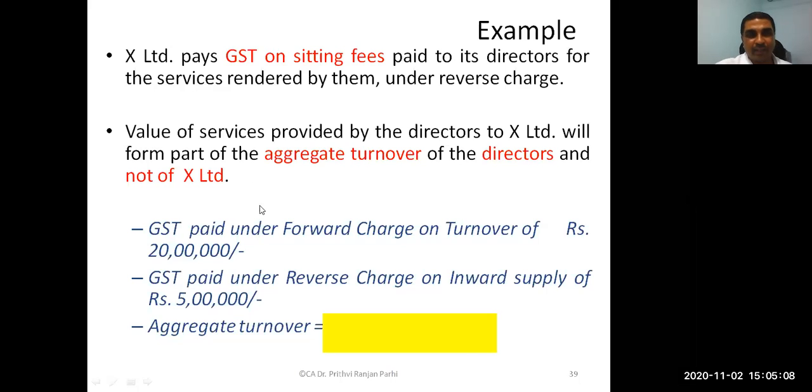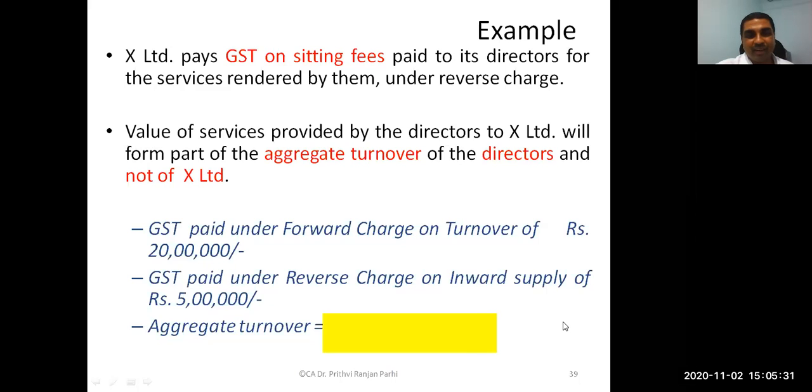Okay. Now look at this example again. Let us take the example of this company, X Limited. GST paid under forward charge on a turnover of 20 lakh. That means normal GST under forward charge mechanism has been paid. Turnover is 20 lakh. GST paid under reverse charge on inward supply of 5 lakh.